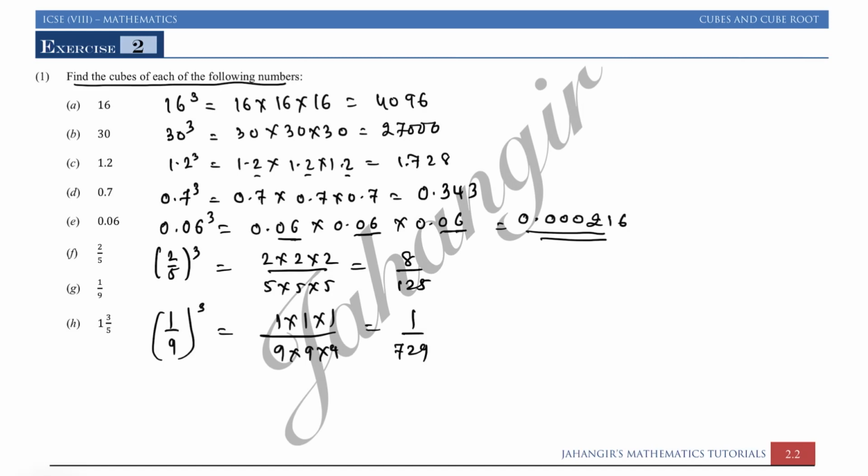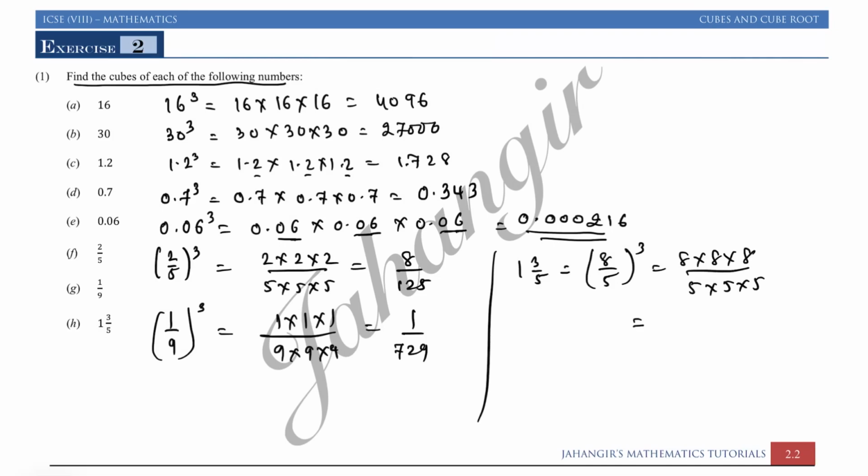Now 1 3 by 5, so 5 ones are 5, plus 3 is 8 by 5 whole cube, so 8 into 8 into 8 upon 5 into 5 into 5. So 8 cube is 512 and 5 cube is 125. Now since question is in mixed fraction, answer should be in mixed fraction. So 125 into 4 is 500 and 12 is remainder. Okay? Hope you understood how to do cube.